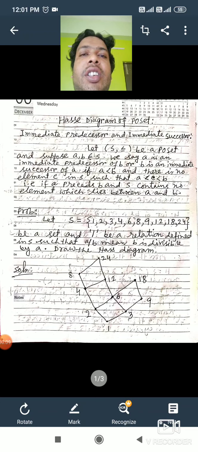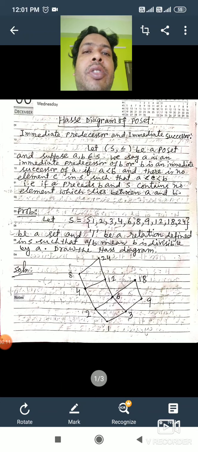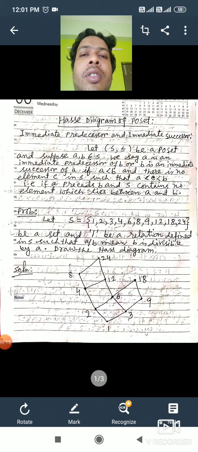Hasse diagram of a poset. In the previous class we discussed relation and poset. Now, first we discuss immediate predecessor and immediate successor.